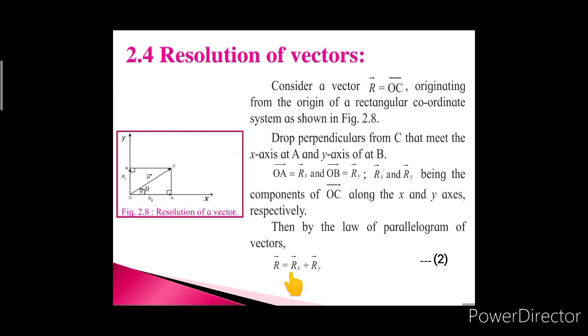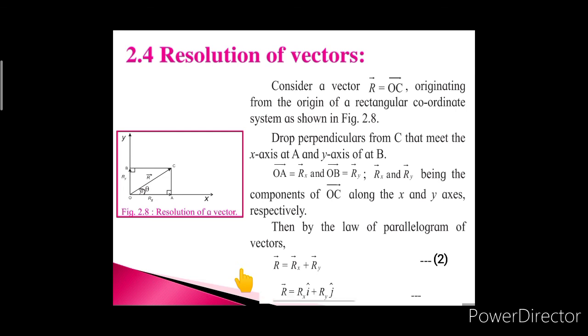So, the Rx vector we can write as Rx into i cap. Similarly, vector Ry is written as the product of the magnitude of vector Ry, which is Ry only, and the unit vector along the y-axis, which is j cap.